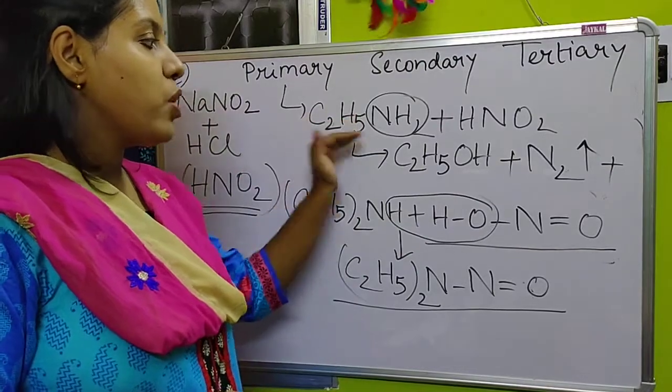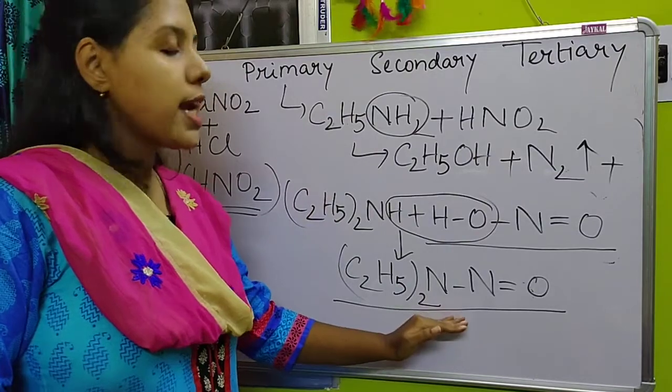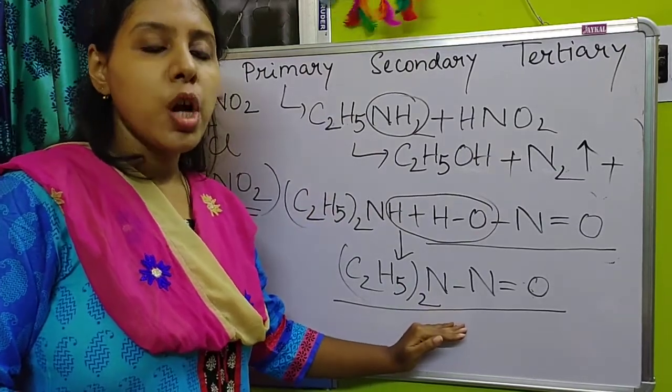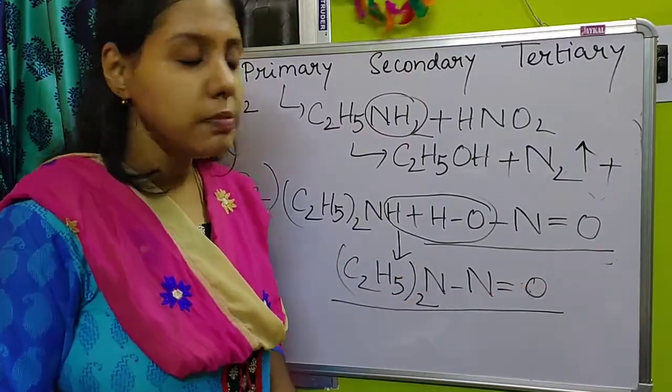So for the primary amine, we get alcohol along with nitrogen. For the secondary amine, we get only the nitroso compound, which is yellow colored and oily in nature. We get no nitrogen here.